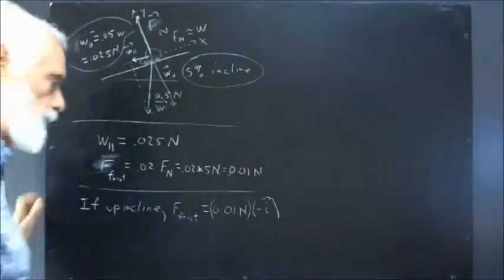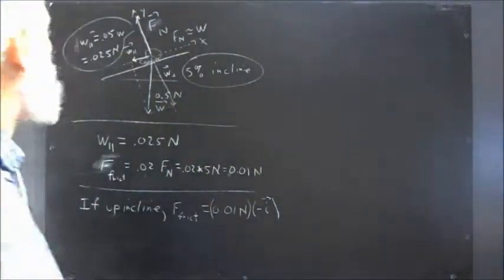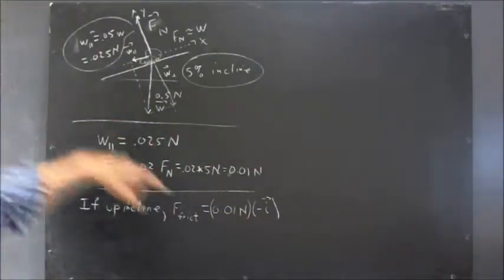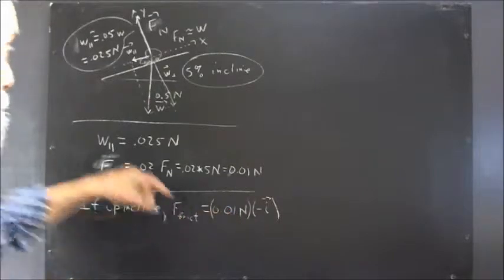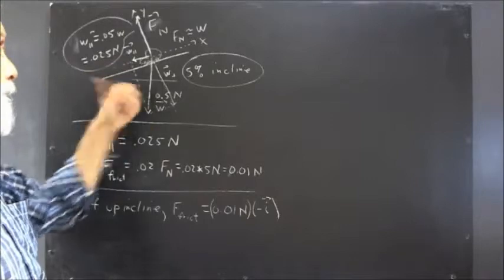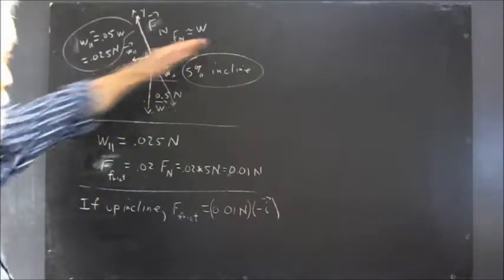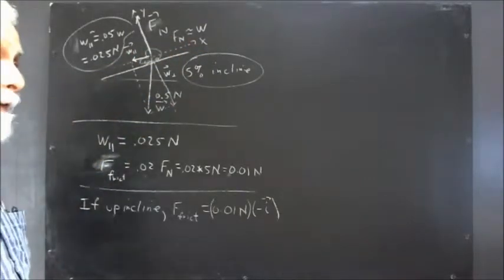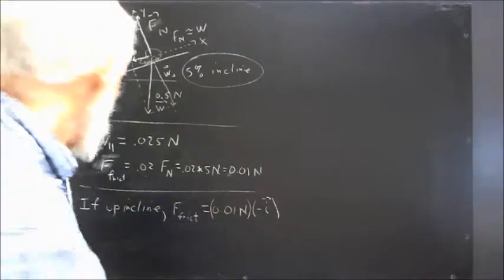I could have put that negative out in front, but I was thinking it and didn't put it there. Might have been better out in front, but either way it's okay. The negative I direction is here, so the negative I vector is in this direction. And if the cart's moving up the incline, that's going to be the direction of the friction. So either way is okay.